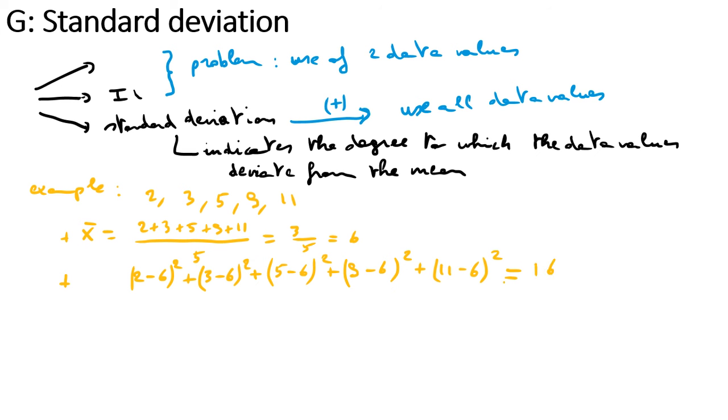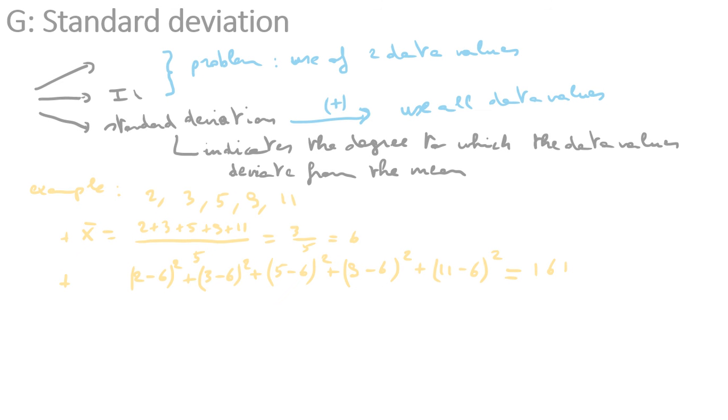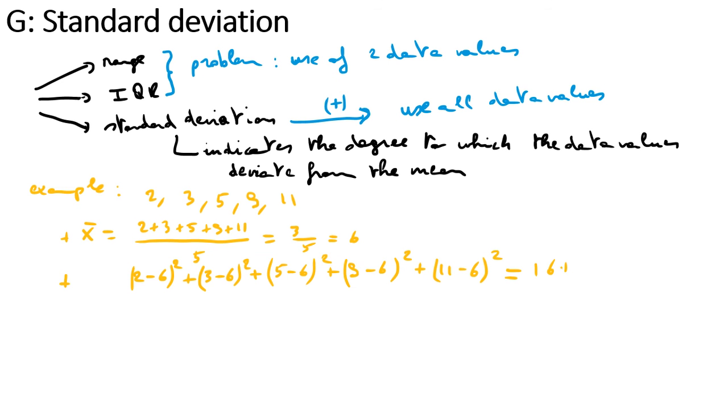And then 3 minus 6 is minus 3 to the power of 2 is 9. So we add 9. 5 minus 6 is minus 1 to the power of 2 is 1. 9 minus 6 is 3 to the power of 2 is 9. 11 minus 6 is 5 to the power of 2 is 25. And if we add all those values, we find that it's equal to 60.